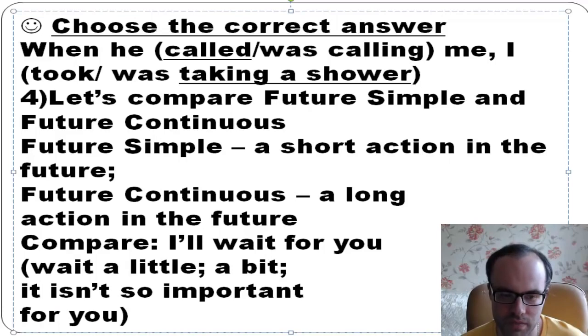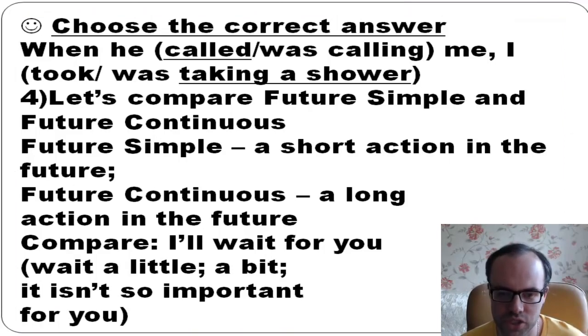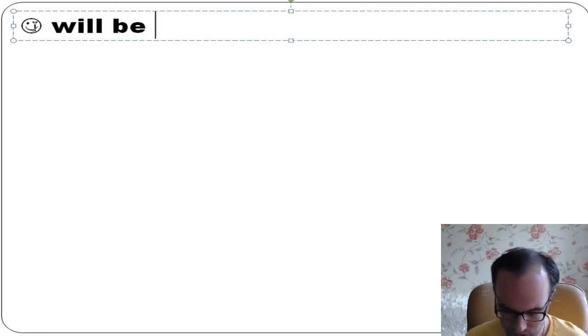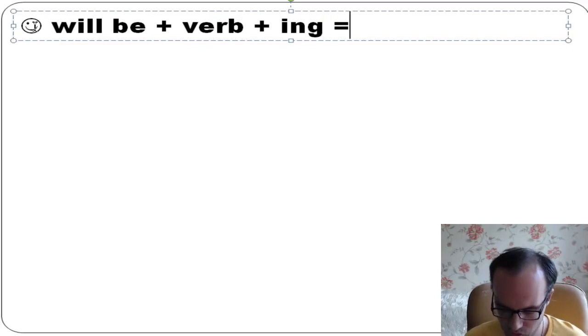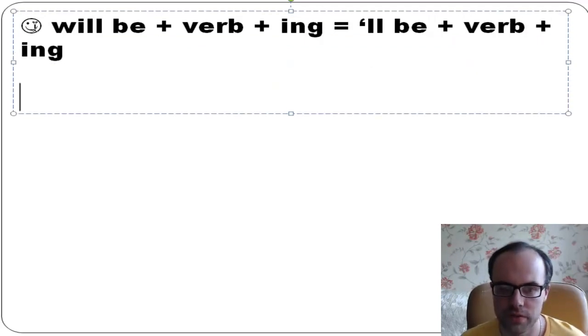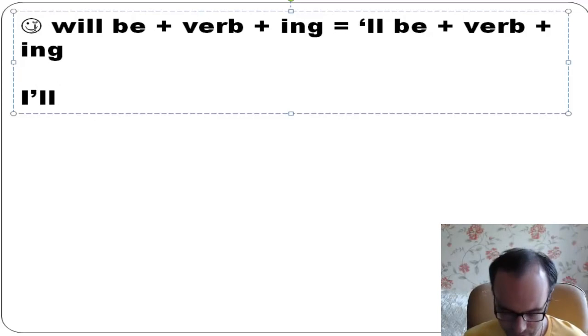Well, if you use future continuous, it's will be plus verb plus ing, or you can also use a short form. It will be the following: I'll be waiting for you.